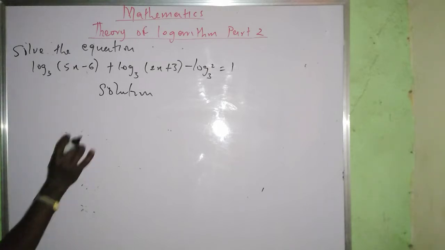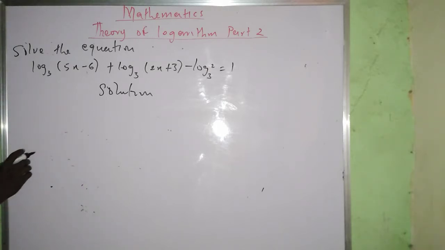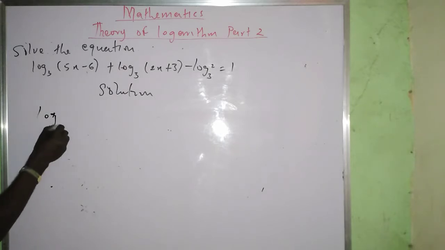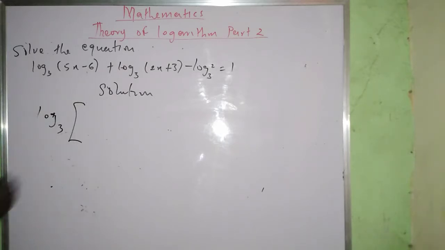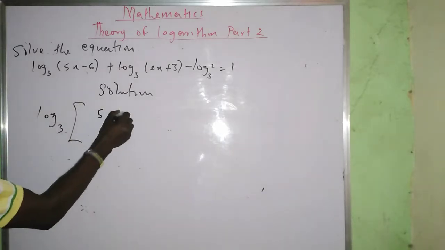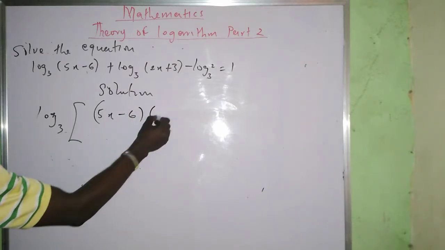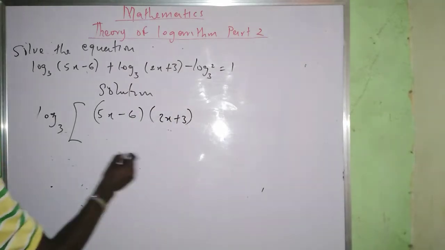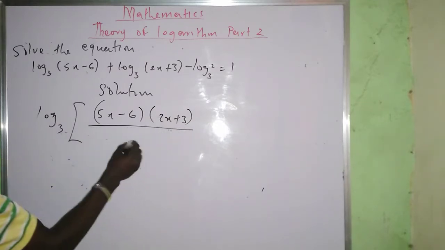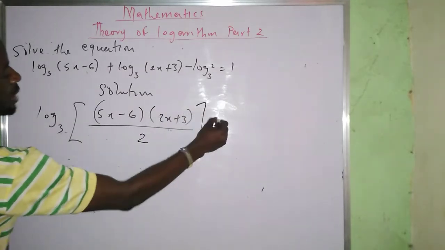Log 1 plus log 2 is log 1 times log 2, and log 1 minus log 2 is log 1 divided by log 2. Which I can say is log 3 of the big bracket of (5x minus 6) multiplied by (2x plus 3) divided by 2, close bracket, equals 1.